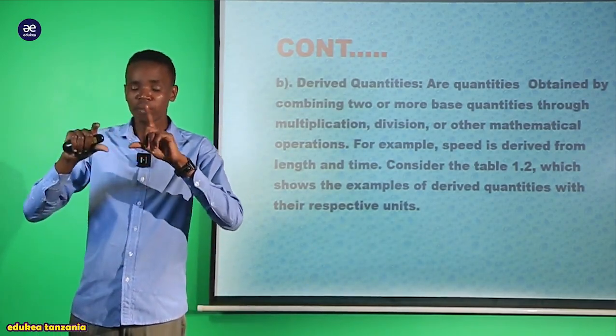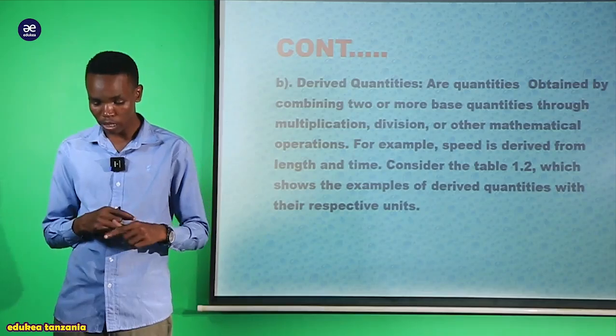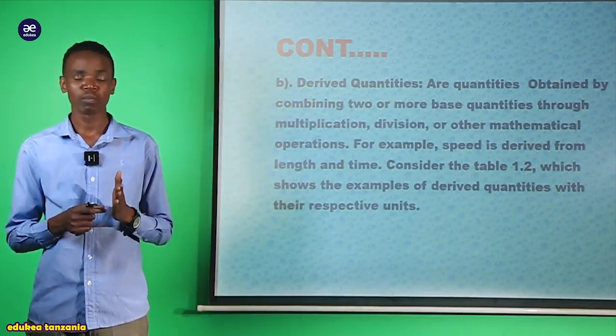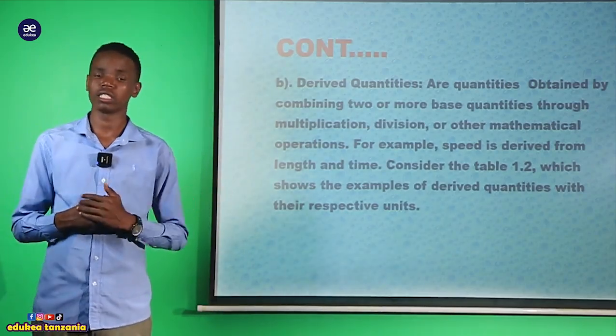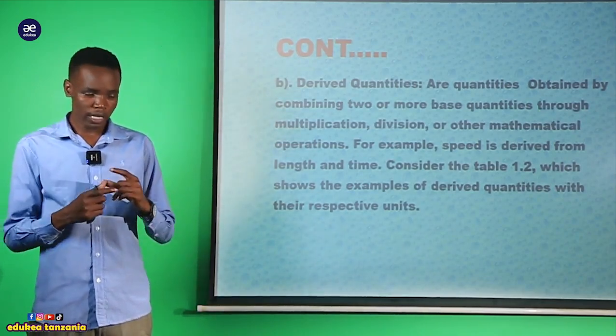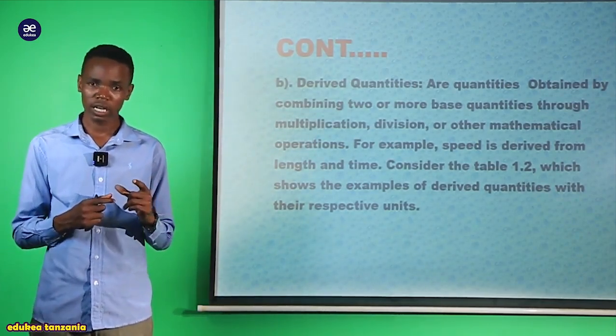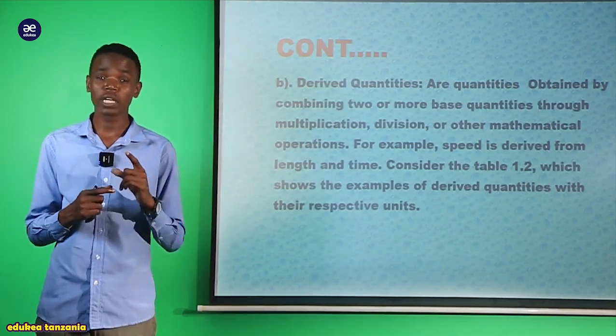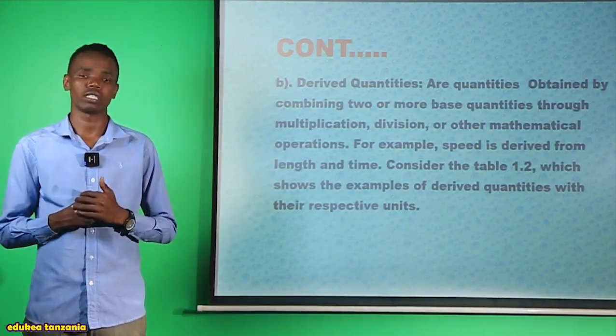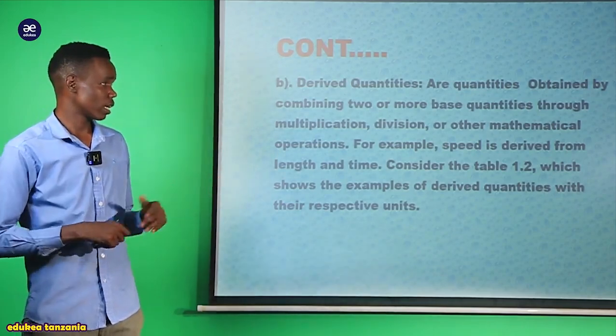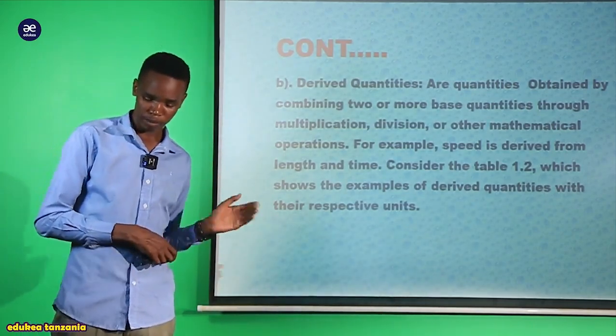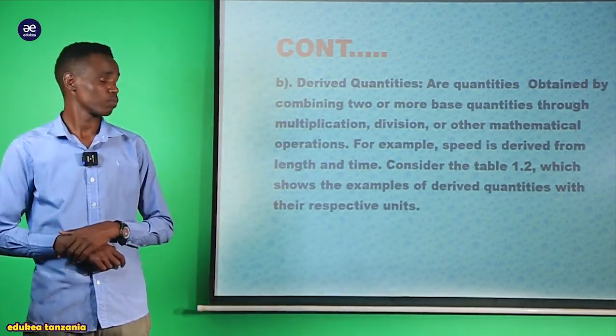Kwa zile fundamental quantity ndo zinakuwa zinatumika kuweza kutupatia zile derived quantities. If we take those derived quantities and simplify them, we will get the fundamental quantities. Let us read together our statement here, my dear student.